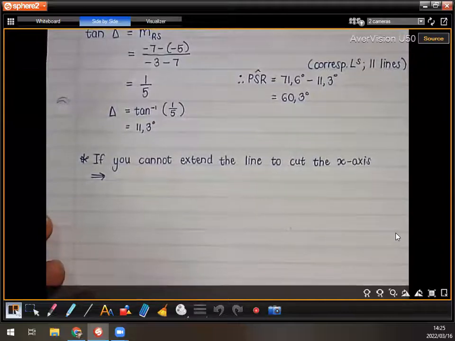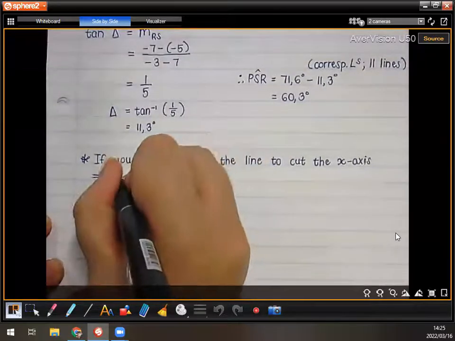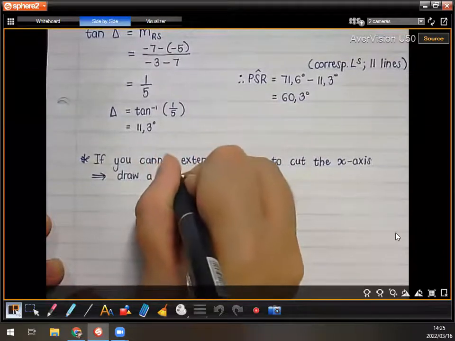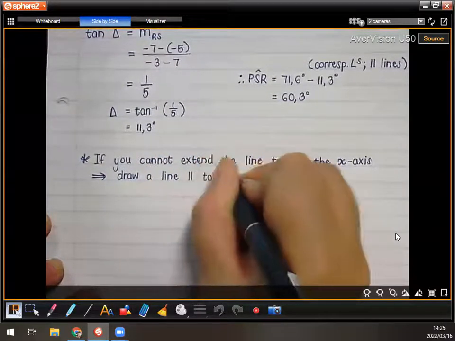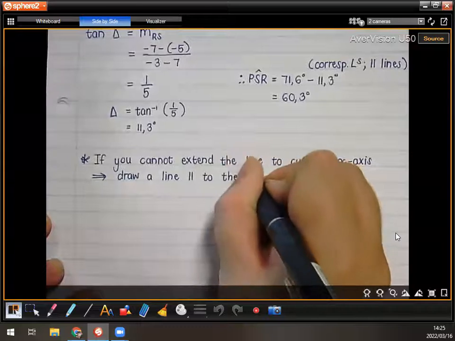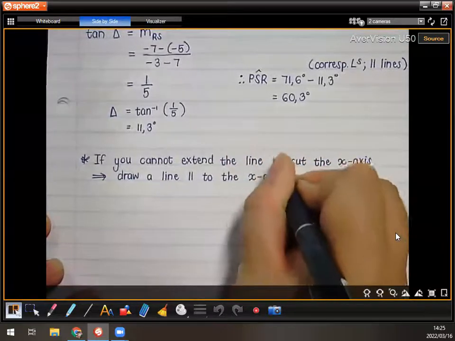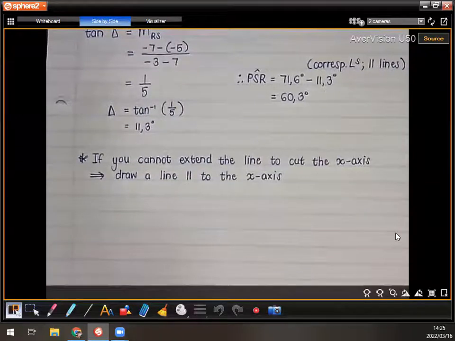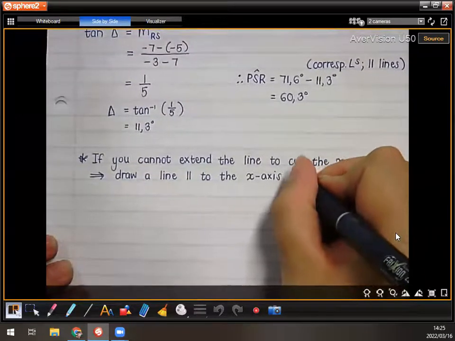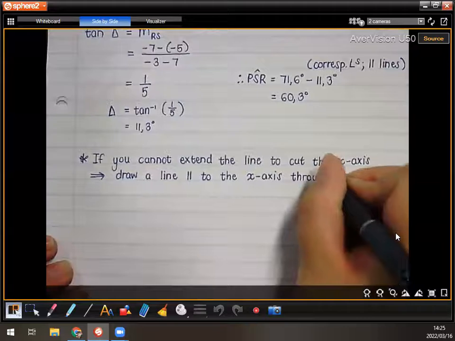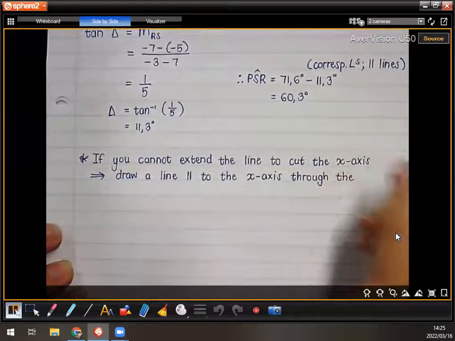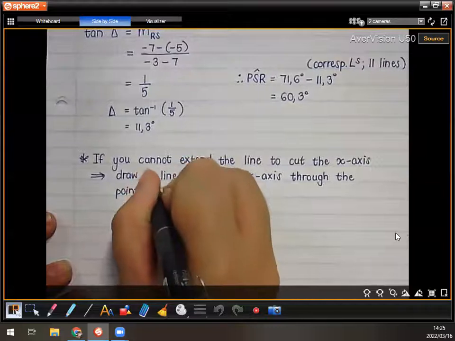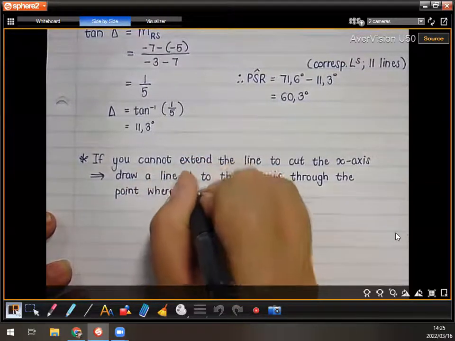If you cannot extend the line to cut the x-axis, then draw a line parallel to the x-axis. Right, so we drew a line like this, parallel to the x-axis. It will always be a horizontal line through the point where the angle is formed.